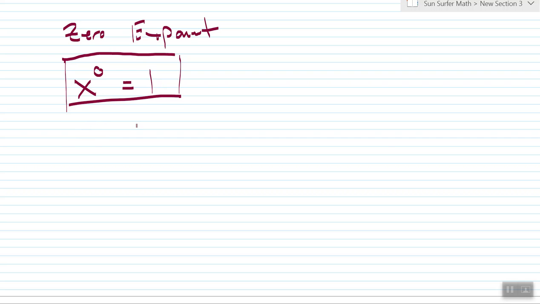The next one I want to go over will be negative exponents. Now, negative exponents will come up in calculus quite frequently as you are simplifying derivatives.